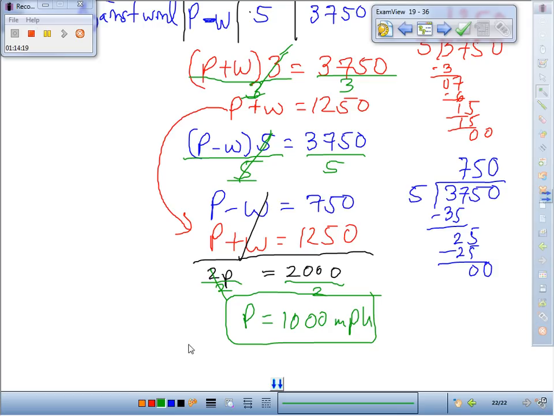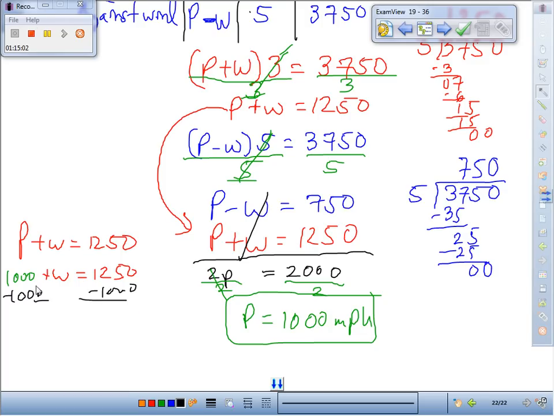All right. So, from there, which equation do you want to use to solve for the W? The plus, so this is P plus W equals 1,250. But instead of P, we're going to write 1,000. We bring everything else down. So from there, we subtract 1,000. W equals 250 miles per hour.